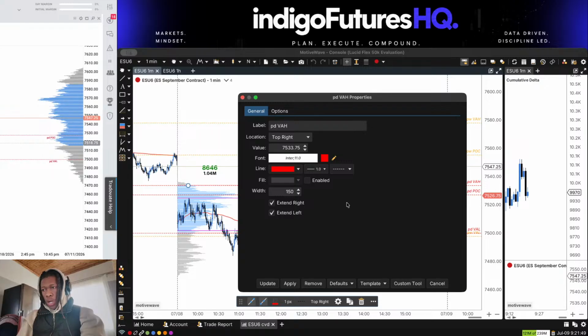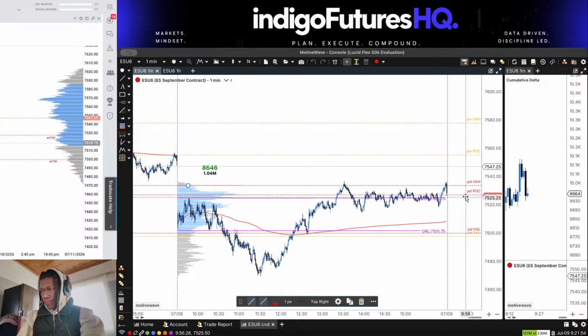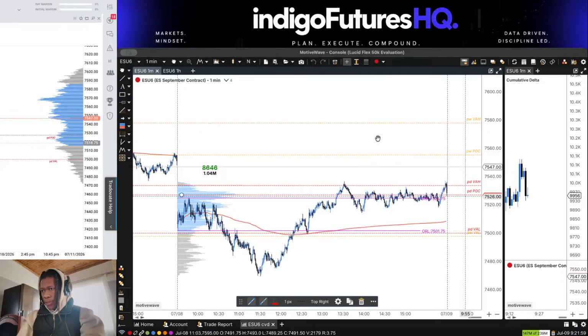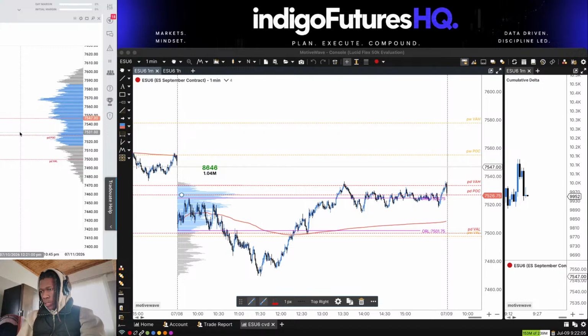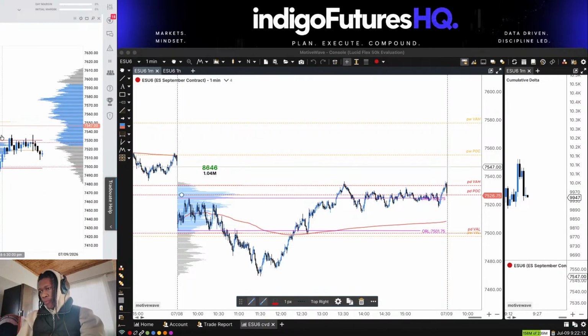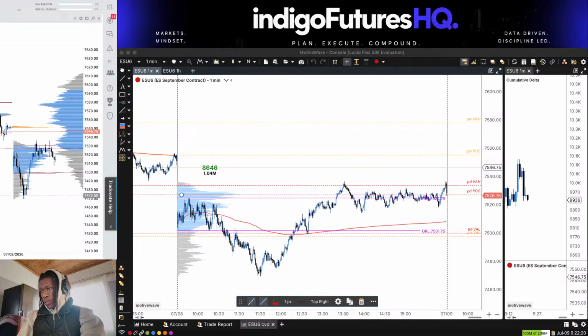Also, you will notice our value levels are a little different. 527. Okay, let me drag this to the right. You guys can't really see it, can you? How about now? If you're looking at the volume profile, the levels are different.